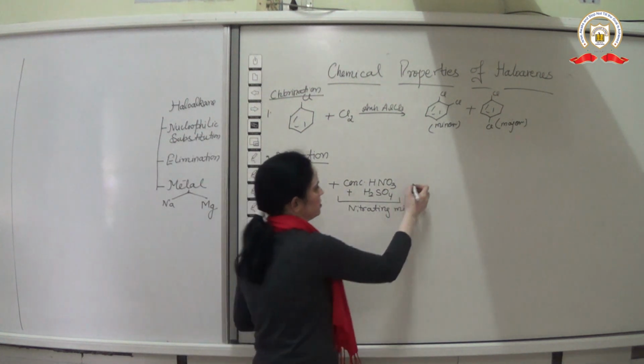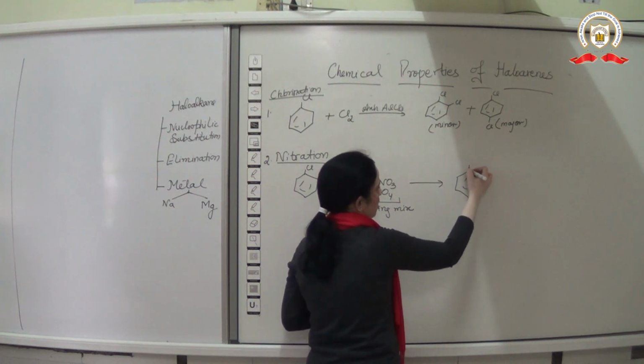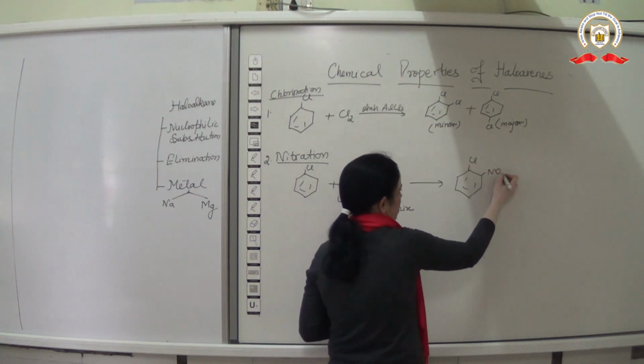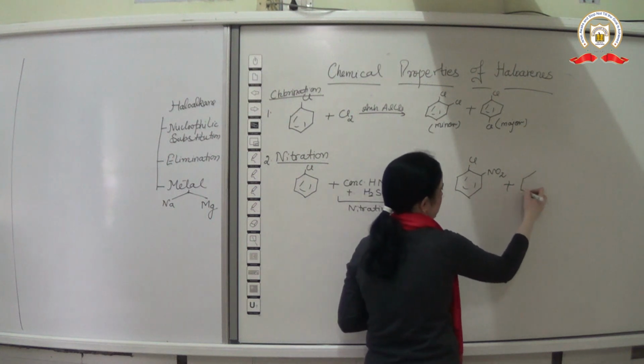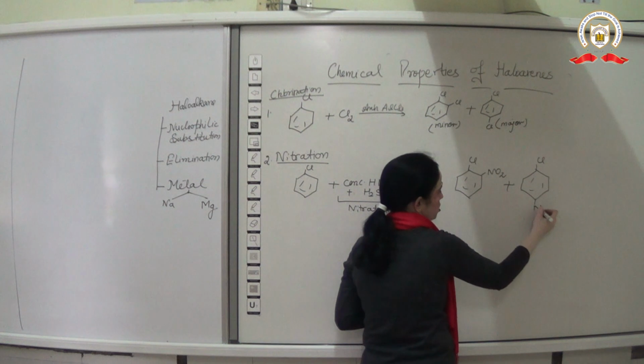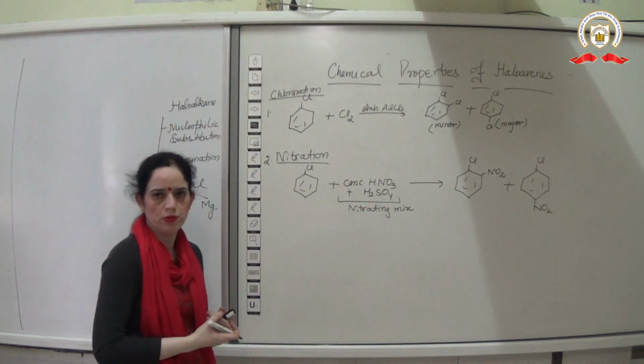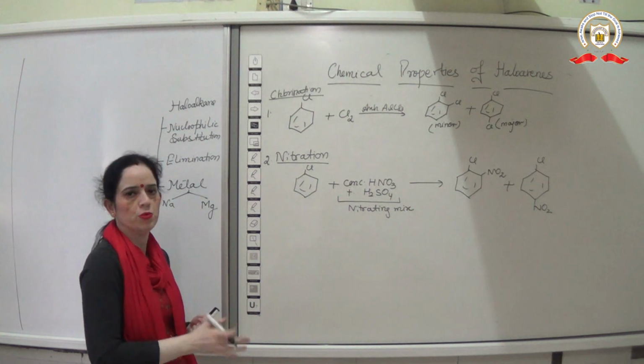Then what you get is an NO2 group, one at the ortho and the other at the para position. Again, remember that the para is going to be the major product.